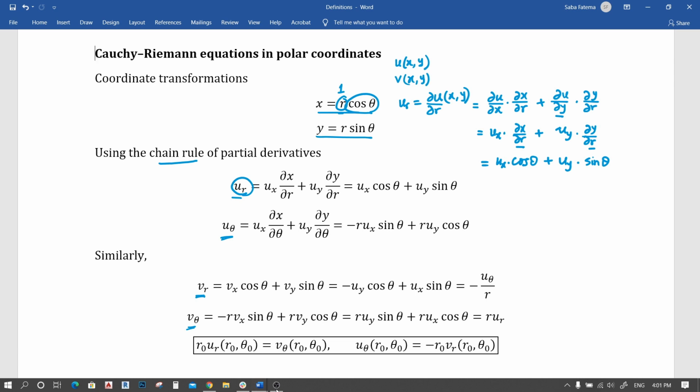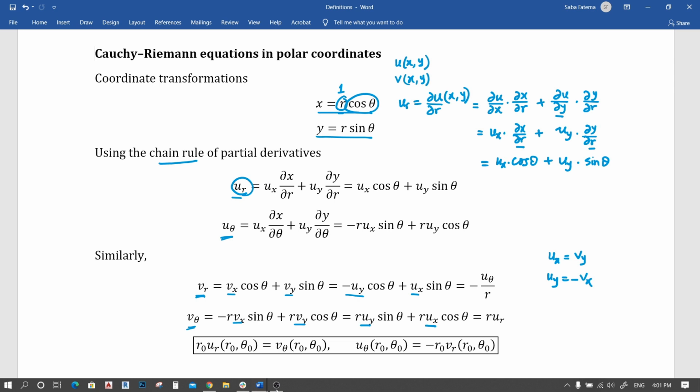Now, from the Cauchy-Riemann equations in Cartesian coordinate system, we know that u sub x equals v sub y and u sub y equals minus v sub x. So we replaced these values here. We replace v sub x equals negative of u sub y and v sub y equals u sub x, and also similar replacement has occurred here.